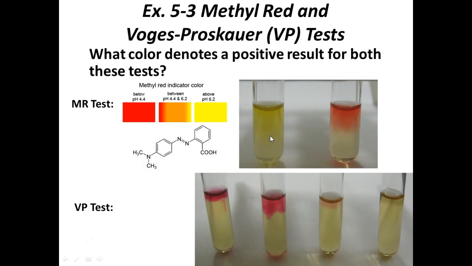The answer is red for both these tests, although these pictures, for some reason that semester, were kind of a pinkish color, but it's still a shade of red. So you can see there's nice strong positives. Sometimes you'll get a little weak positive. If it's any other color than reddish, it's negative. Some of you may have gotten a little amber color at the top. That would have been negative.